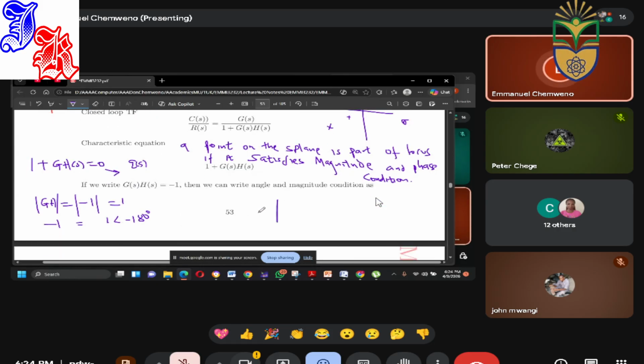When you draw the complex plane, sigma plus j omega, with 1, -1, j and -j, -1 is equal to 1 at an angle of 180 degrees.